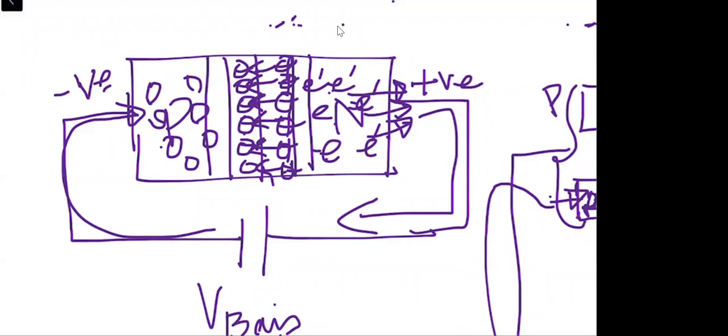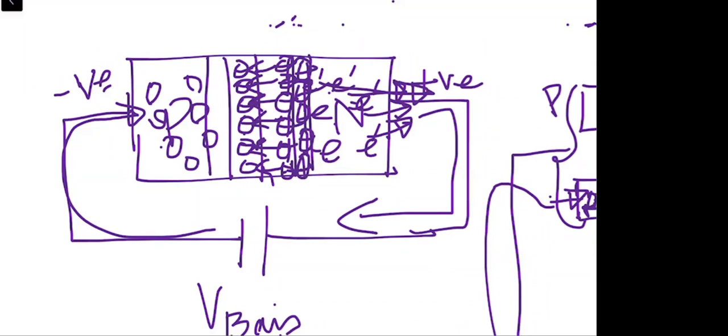As you can see, the electrons are moving in this direction, so more ions will be created on this side, right?